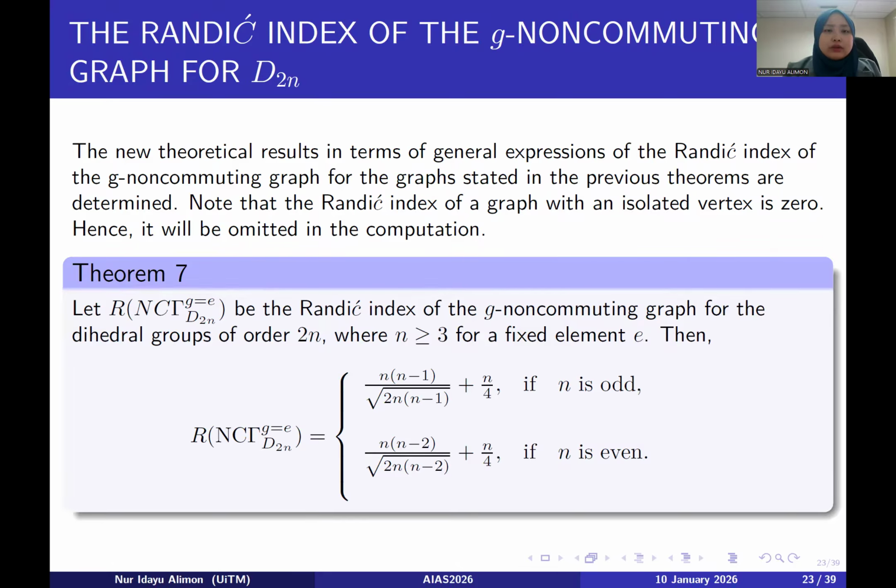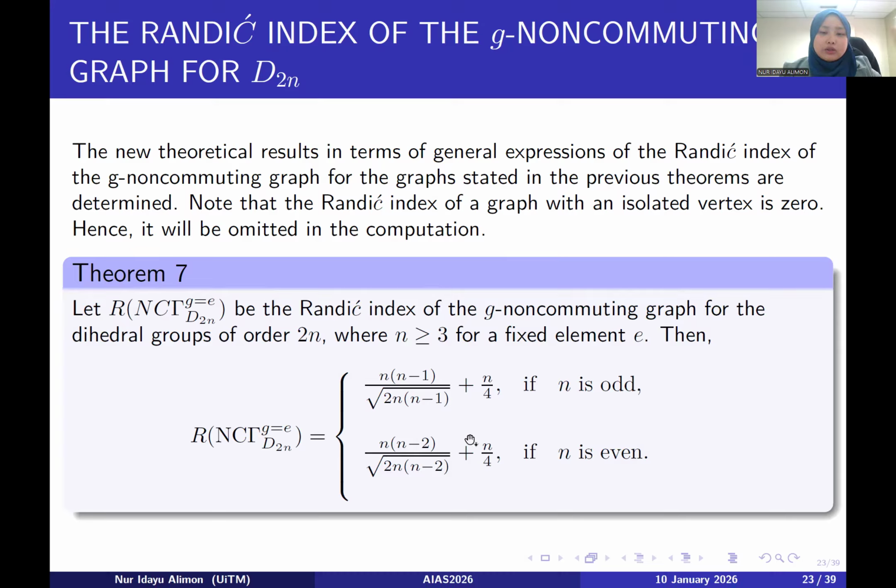Okay, so these are the results of the Randic index of the g-non-commuting graph. For the fixed elements, we only choose g equal to e and g equal to a^i b. For g equal to e, based on the general forms of the graph, we can determine the general forms of the Randic index.